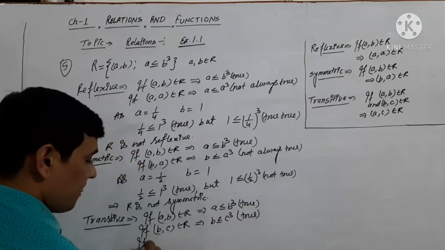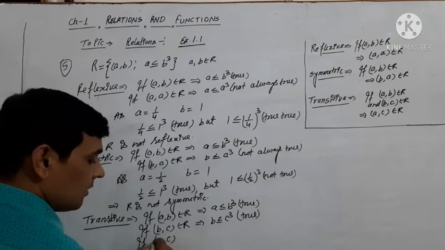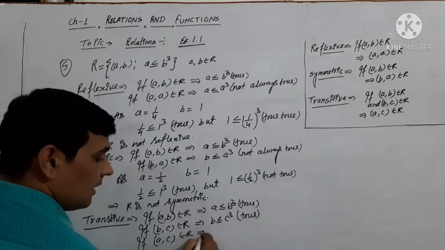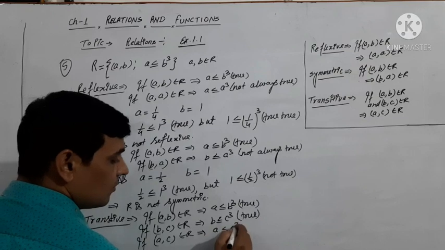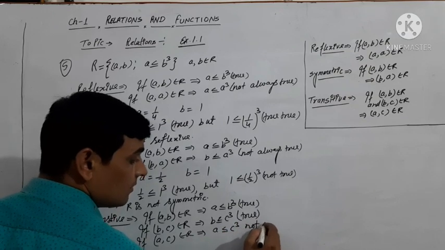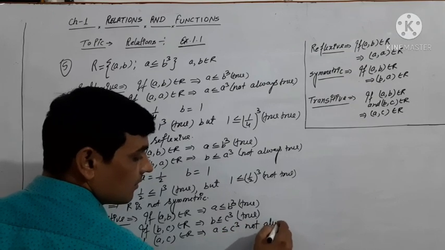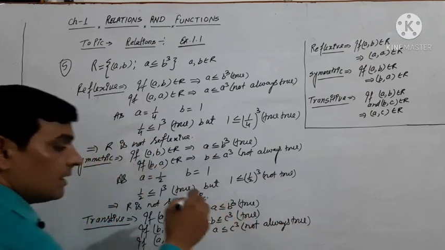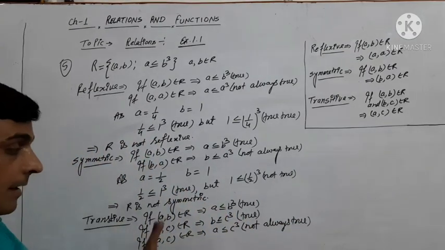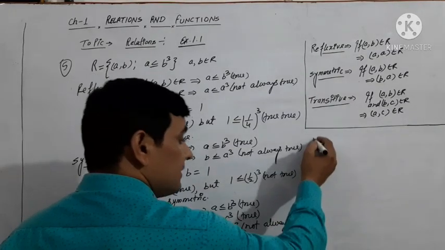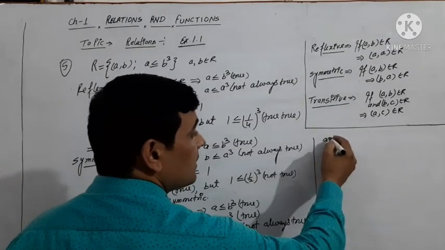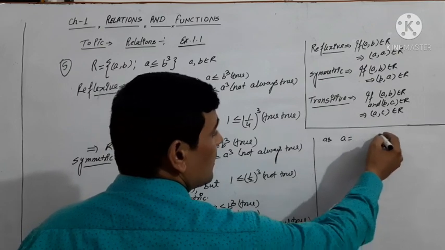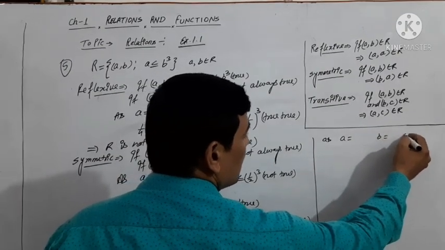And if (a, c) belongs to R, then a less than or equal to c cube is not always true. This condition is not always true, as we are taking examples of a, b and c.